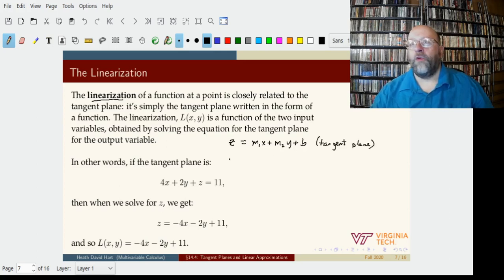We want to write this as a function. The linearization in terms of x and y is m1 x plus m2 y plus b. We're now emphasizing that we are turning this into a function so that we have input variables x and y that generate the output.